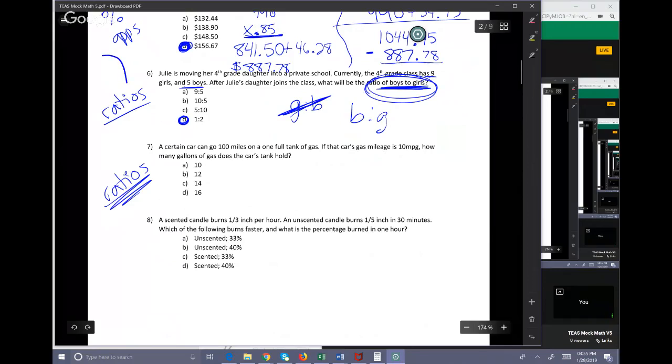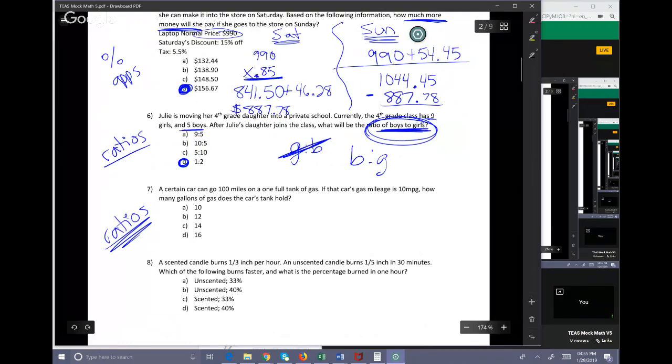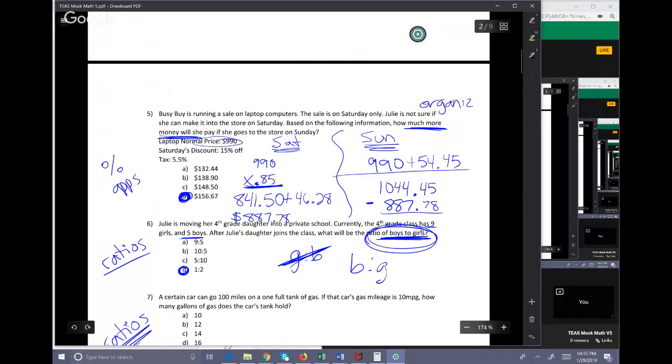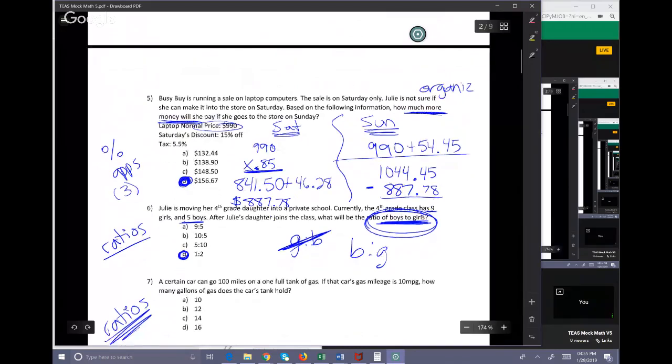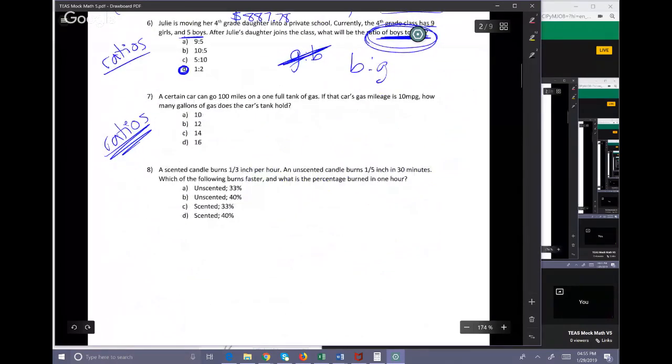That will do nothing but help you if you can actually name them more specifically. So like if I went back to number 5, I could be more specific and say the majority of this problem involves scenario 3 in percent applications rather than just saying, oh, it's percent apps. So as you go back to find out what did I do really well on, what did I do really poorly, the more specific you can be over here.